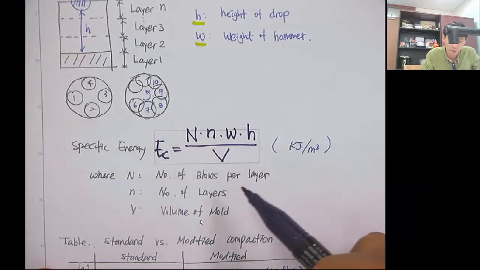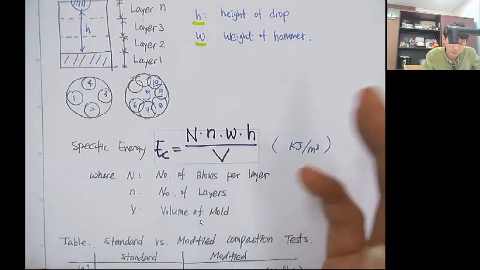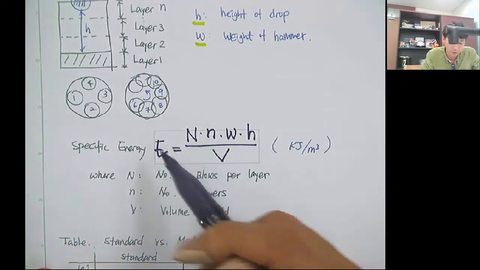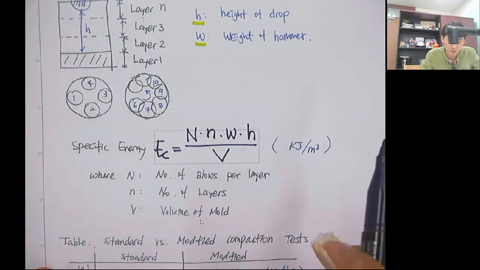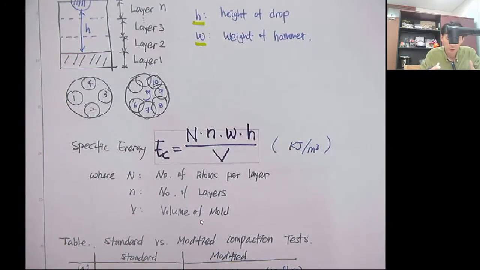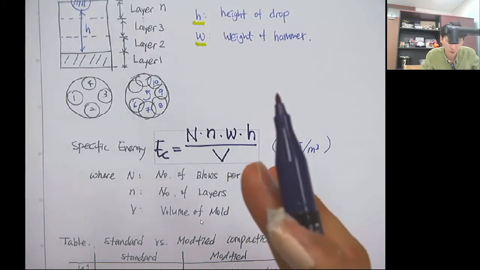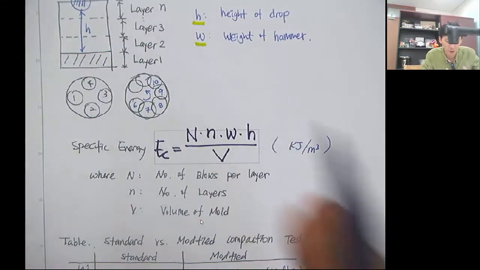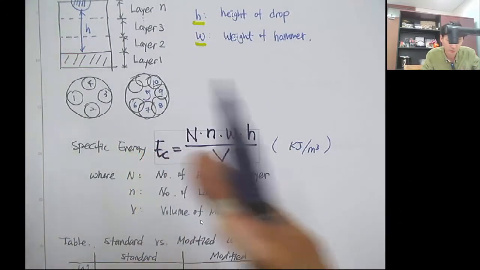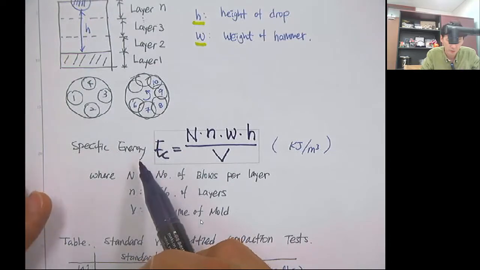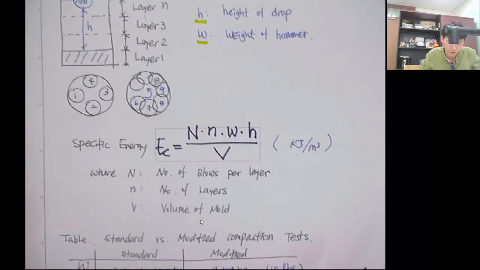If you apply more blows, like 25 blows or 50 blows, as you increase the number of blows, the specific energy also increases. Also, if the height and the weight stay the same but you decrease the size of the soil specimen, then you're applying the same amount of energy to a smaller volume, so specific energy is also a function of the volume.